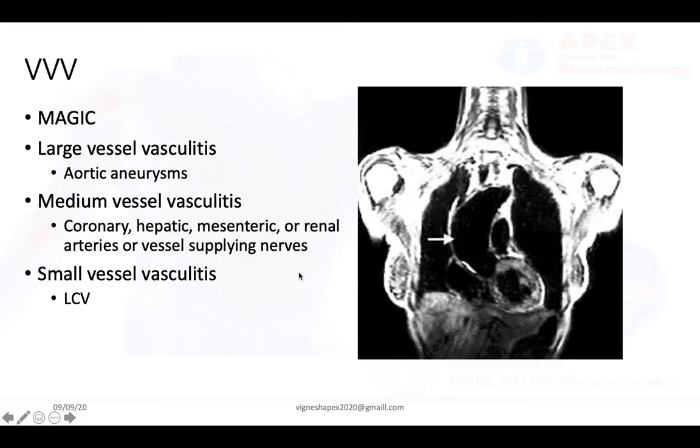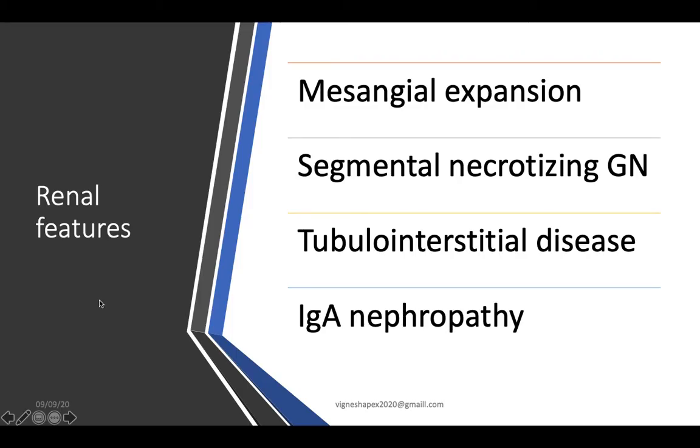And small vessel vasculitis is common in the form of purpura, which would be showing on histopathology as a leukocytoclastic vasculitis. Right. Renal involvement, the most common involvement is mesangial expansion, followed by segmental necrotizing glomerulonephritis, and some patients can have tubulointerstitial disease and IgA nephropathy.